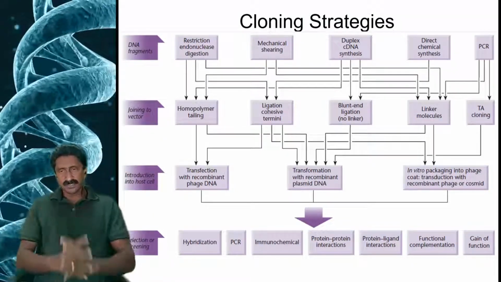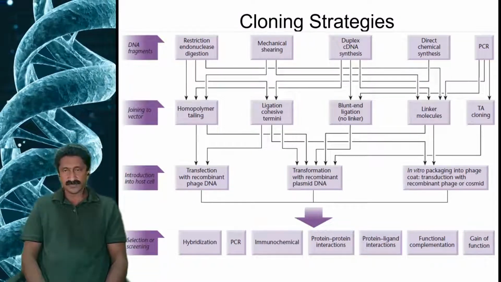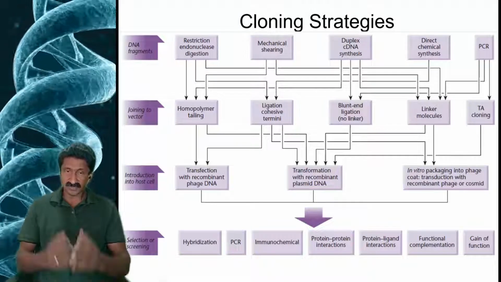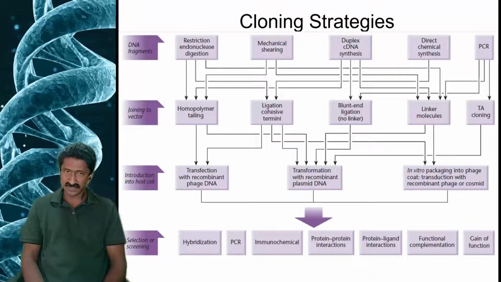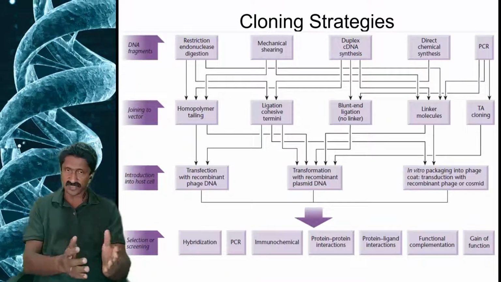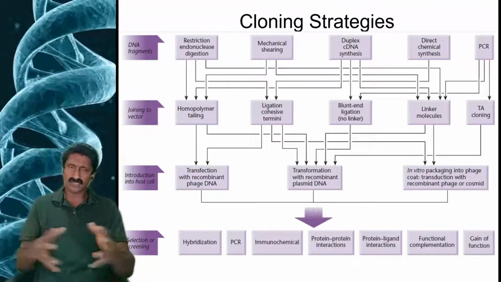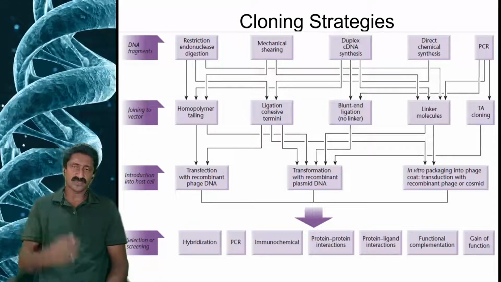So the third step is introduction to the host cell, where we can use transfection with the recombinant phage DNA or transformation with the recombinant plasmid DNA, or even in vitro packaging into phage coats, transduction with the recombinant phages or plasmids. So there are various methods based on the nature of the vector that is used.